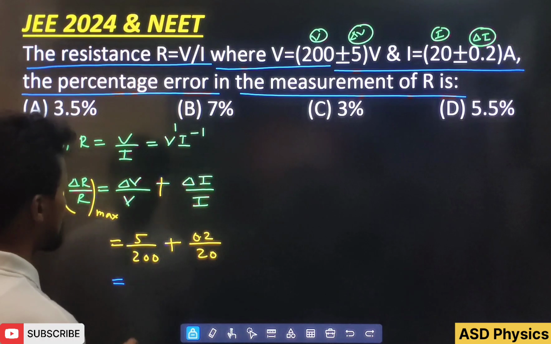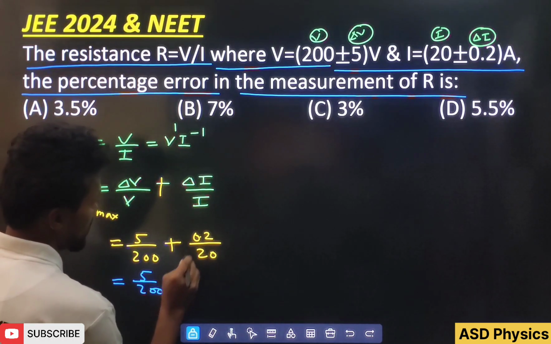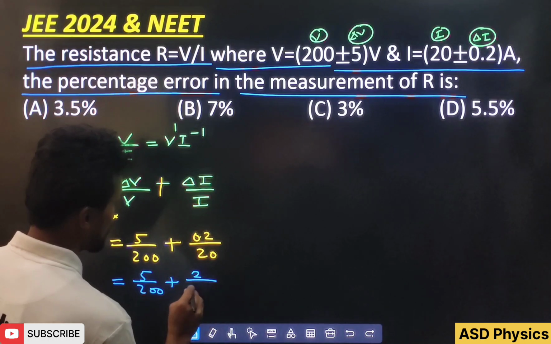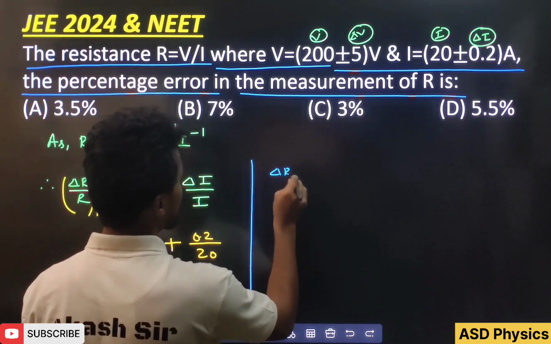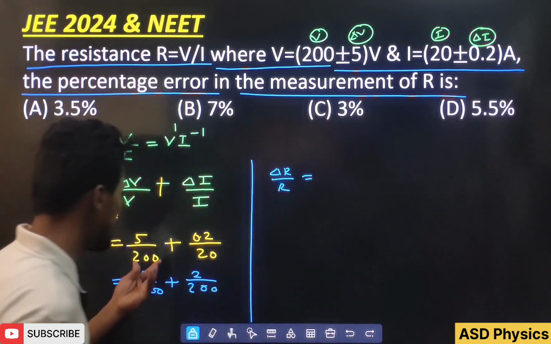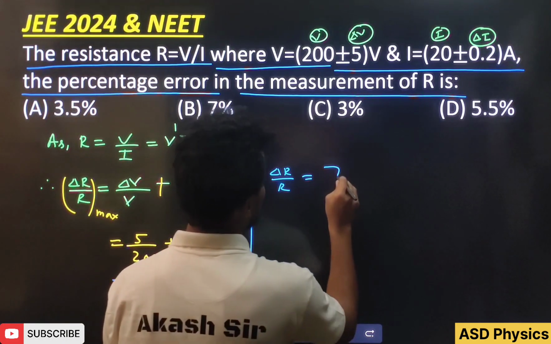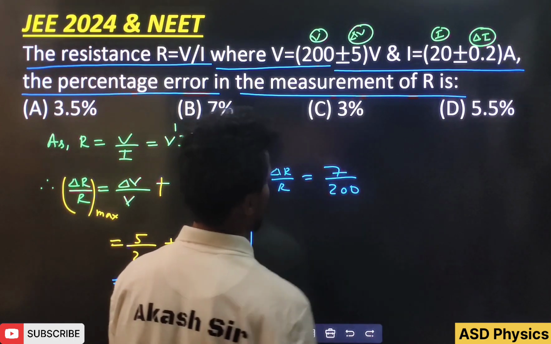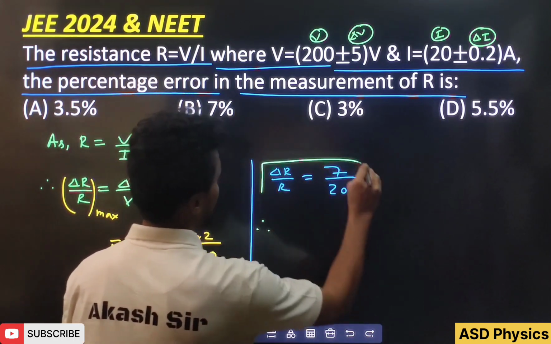We can write 5 by 200 plus, removing the decimal, 2 by 200. So delta R by R is 5 by 200 plus 2 by 200, which becomes 7 by 200.